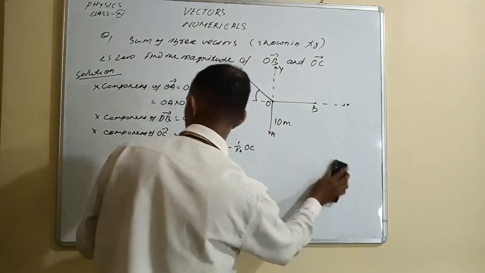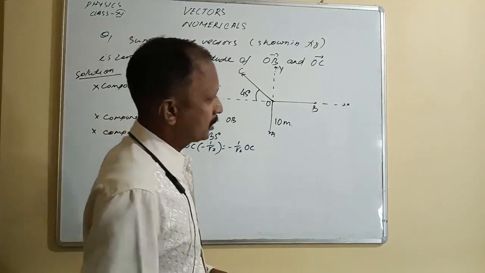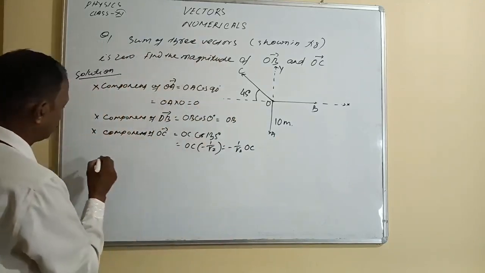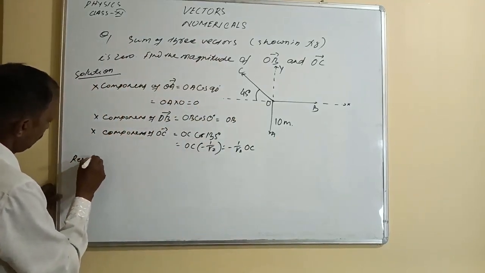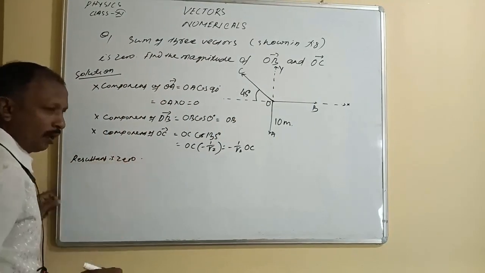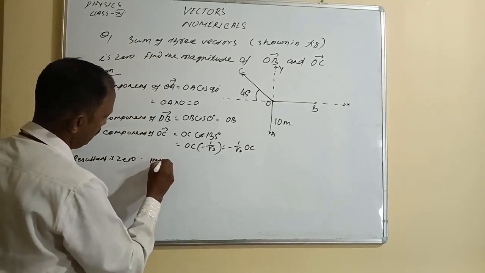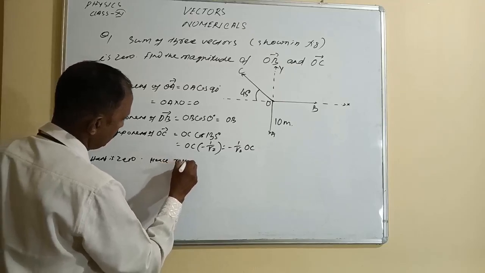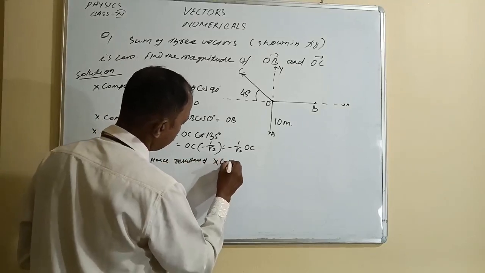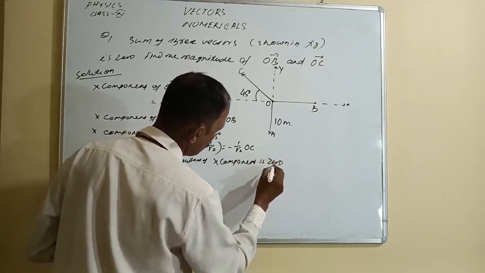So, successfully we found the x components of OA, OB and OC. We know that the sum is 0, the resultant is 0. So I can say that, hence, the resultant of the x component is 0.